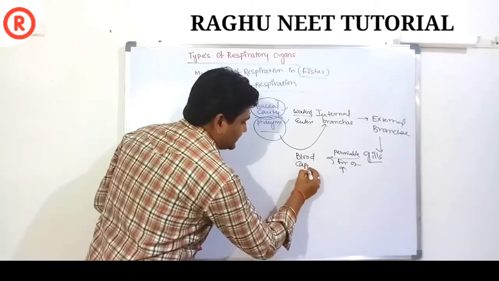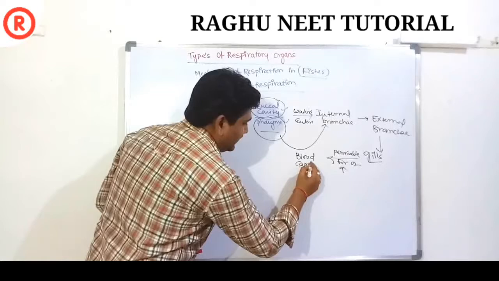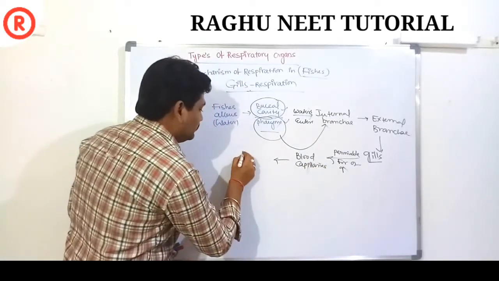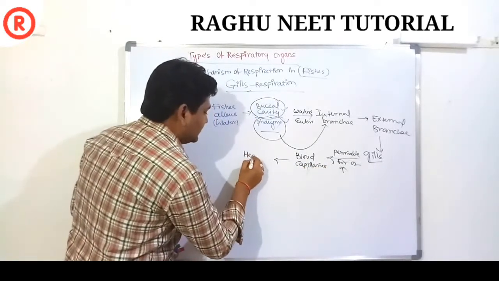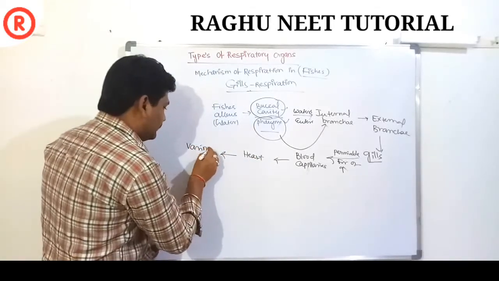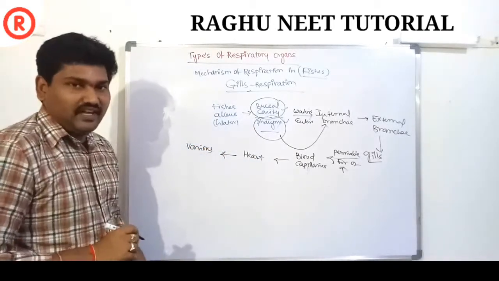The oxygen then goes from the blood capillaries to the heart and to various parts of the body.